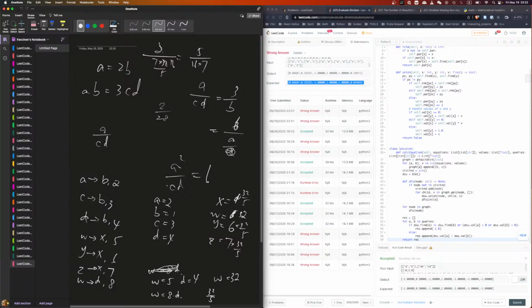C and B, so ABC connected. ABCD connected. Yeah, WD, so they're all connected. But we're not supposed to change the ones associated with D. What are you saying?